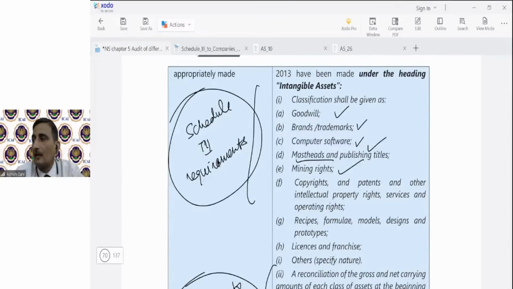So obviously this cannot be recognized because it is not possible to put a cost on it.